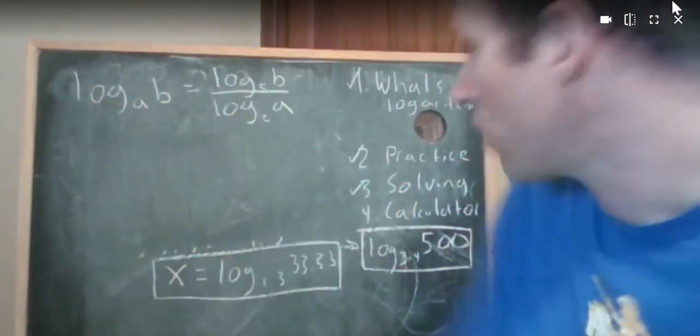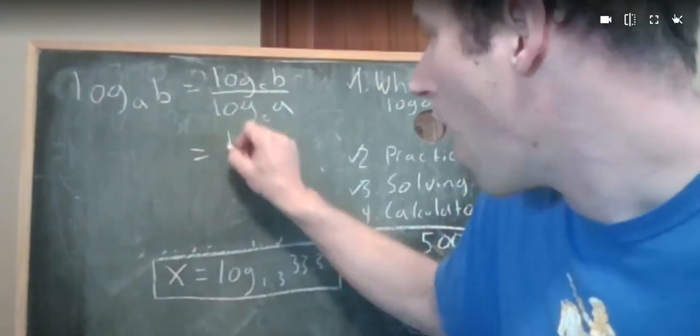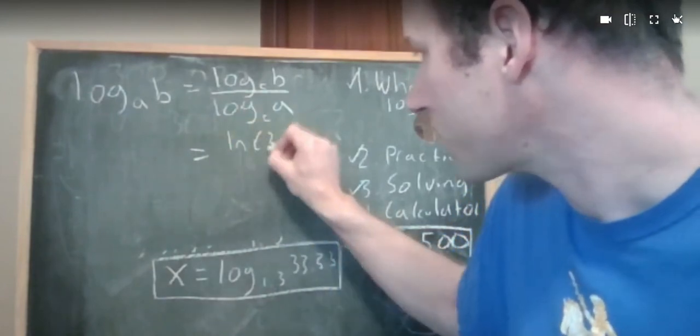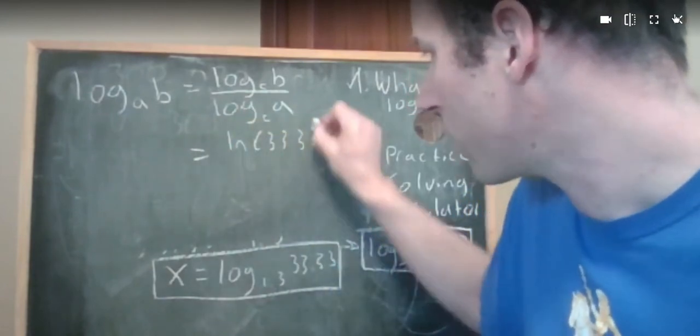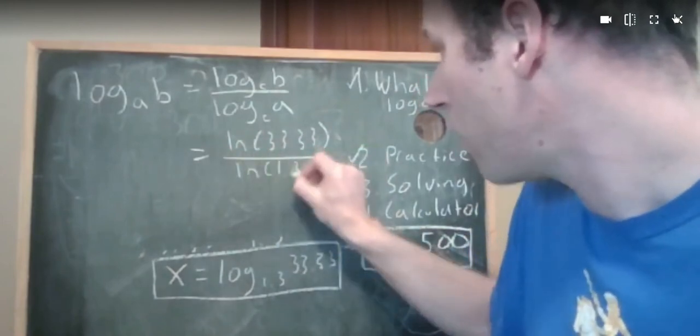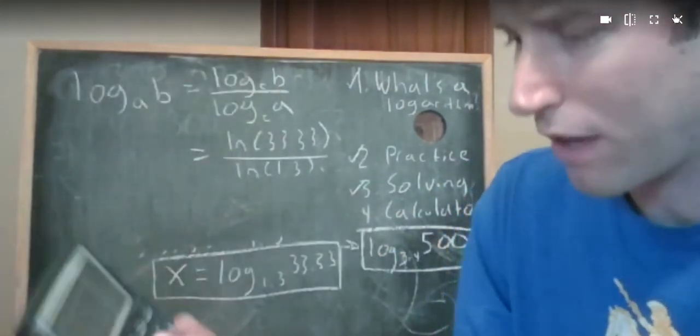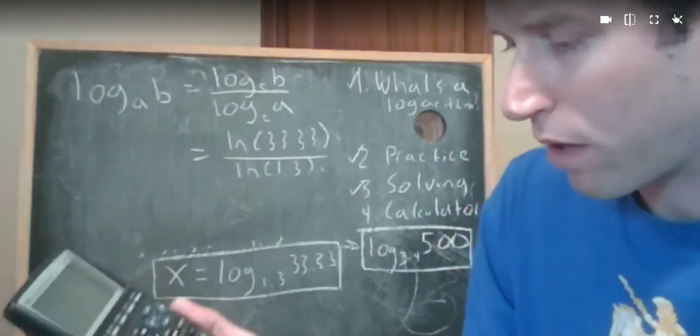So if I want to do the log base 1.3 of 33.33, I'm going to do the ln of 33.33 divided by the ln of 1.3. Got to be very careful about the way I push these buttons on my calculator. ln 33.33.